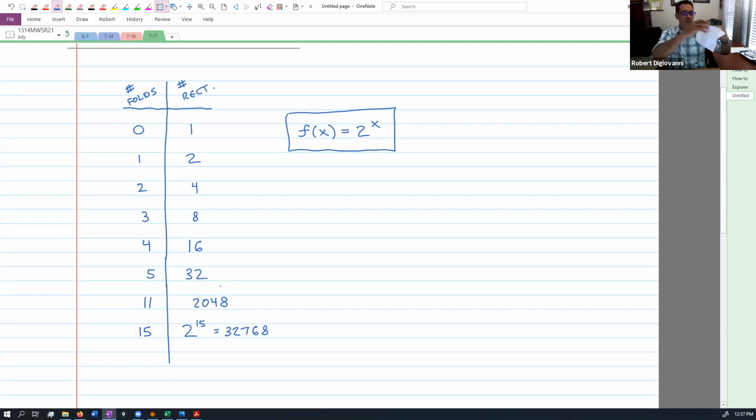If I fold it 1 time, how many pages thick is this with 1 fold? I have 1 page, I fold it over, now it's 2 pages thick. If I fold it a 3rd time, it's now 8 pages thick.